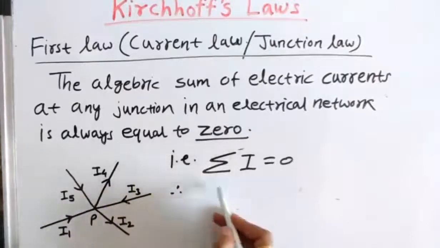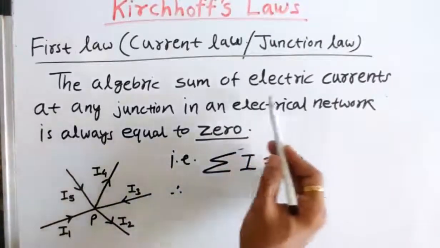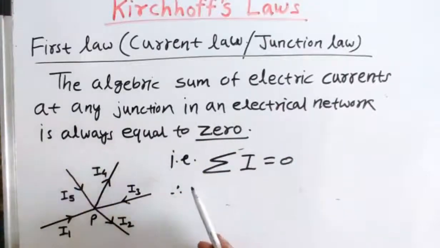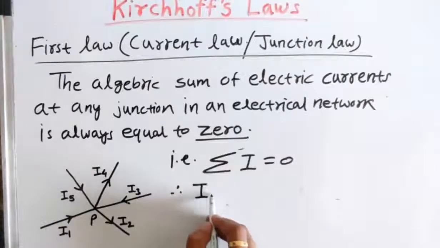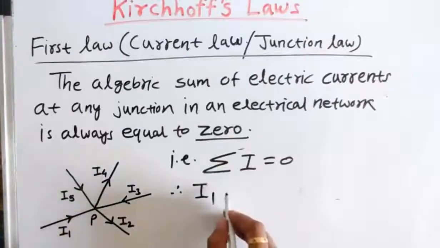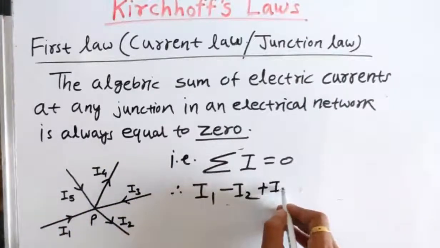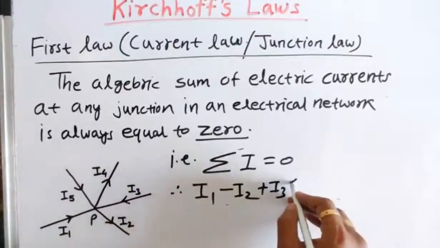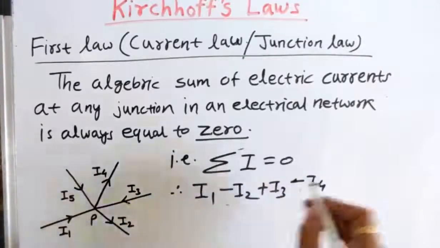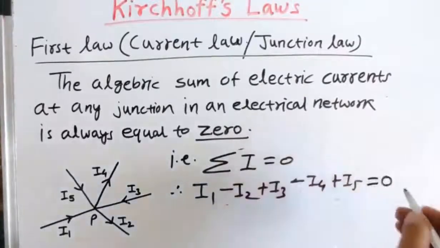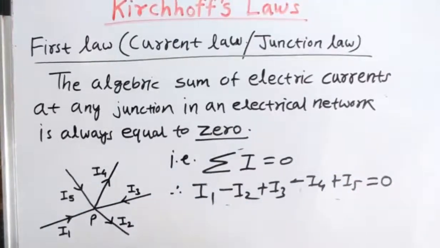Therefore, according to this law, the algebraic sum of electric currents at any junction in an electrical network is always equal to 0, that is, summation I is equal to 0. By using the sign convention, we can write this as plus I1 because it is approaching the junction, minus I2 because it is leaving the junction, plus I3 approaching, minus I4 leaving, plus I5 approaching, must be equal to 0.